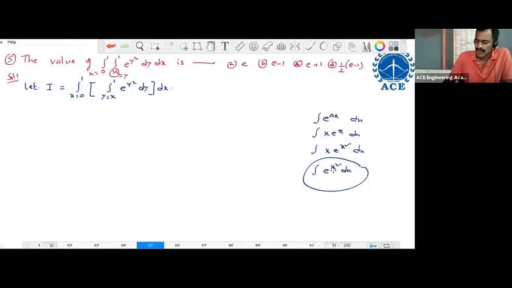To find the integral of e power x square, we don't have any analytical method. So this function is not integrable. If it is not integrable, then this function is called a non-integrable function.